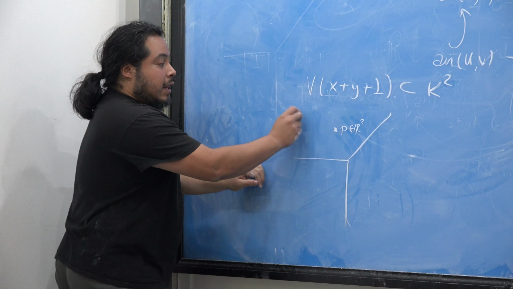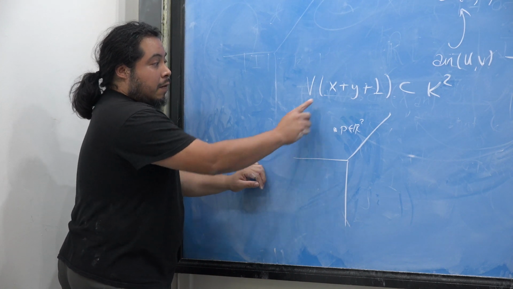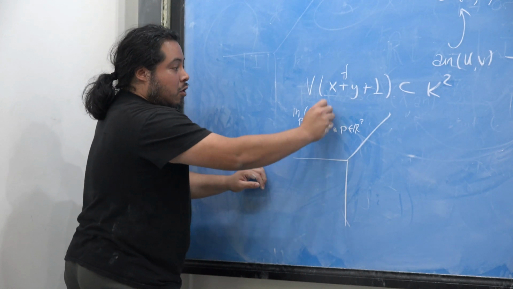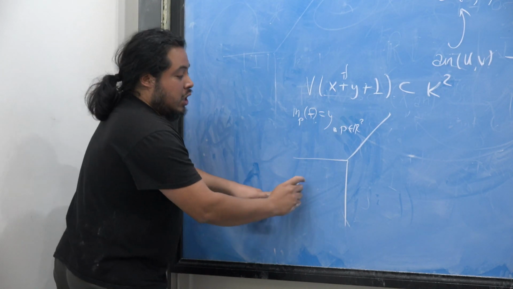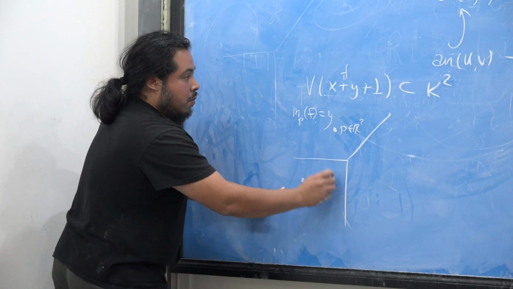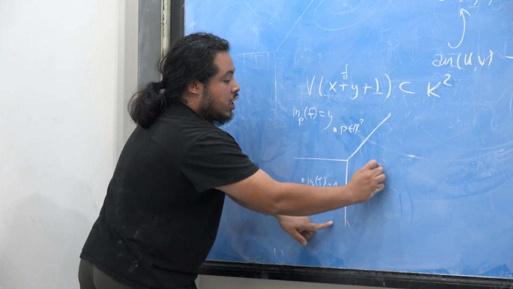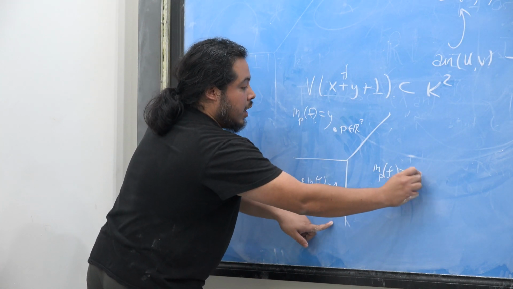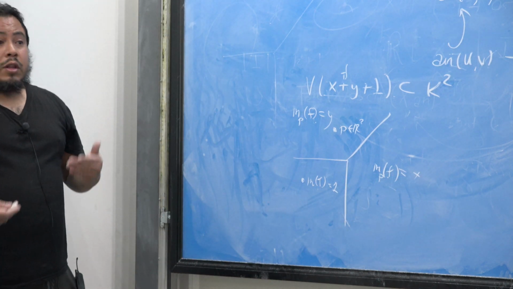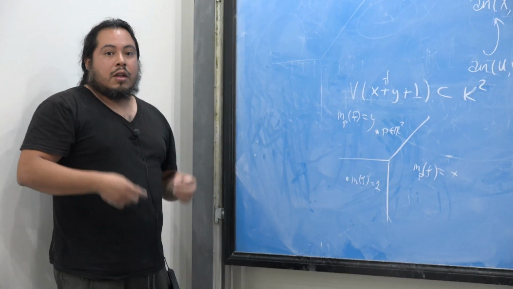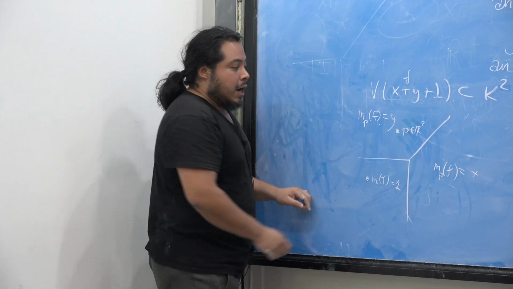What I'm saying is that the initial ideal of this polynomial f here is just the monomial y. The initial ideal here is just the monomial 1, and the initial ideal of your polynomial here is just x. And when you don't have a single monomial once you perform the initial degeneration, that point is going to be in the tropicalization.